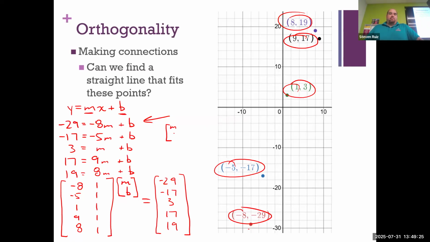So this vector MB is going to be equal to (A transpose A) inverse A transpose B, where this is A, this is B.